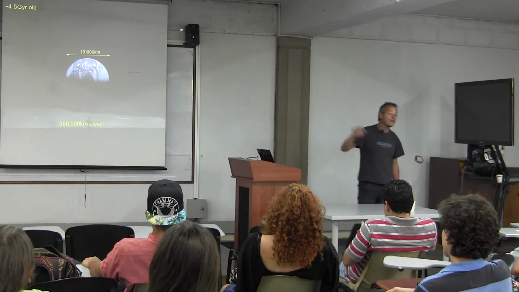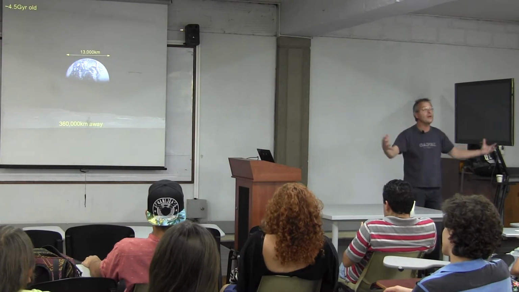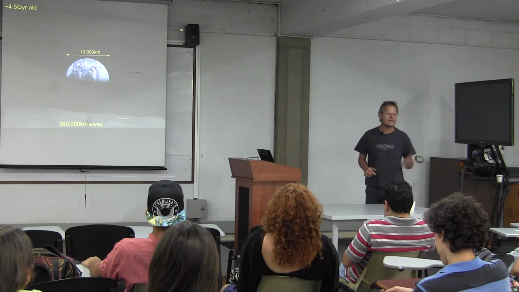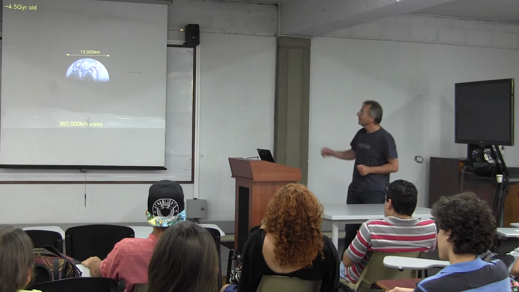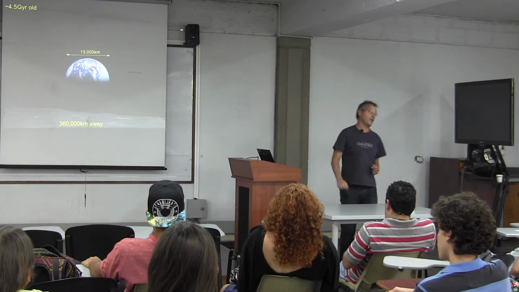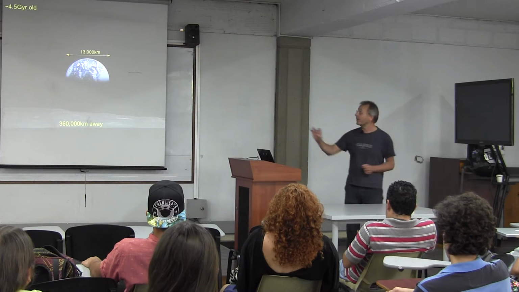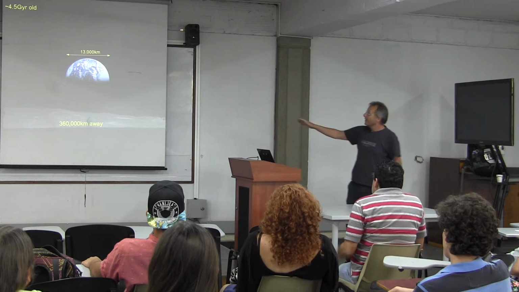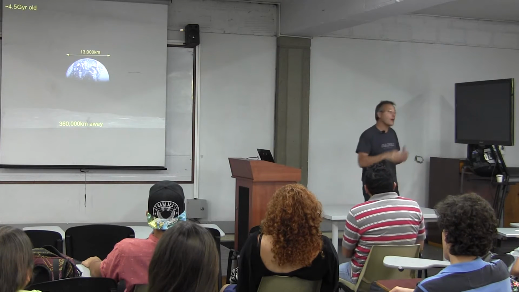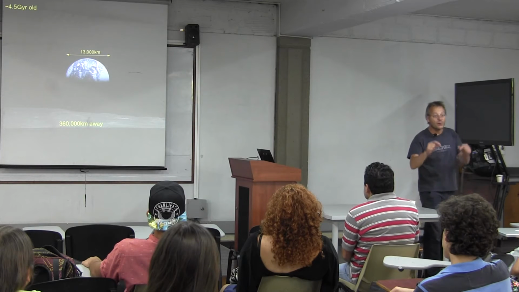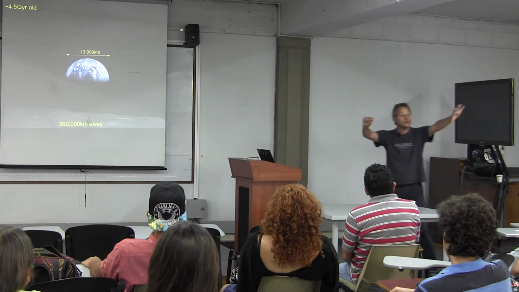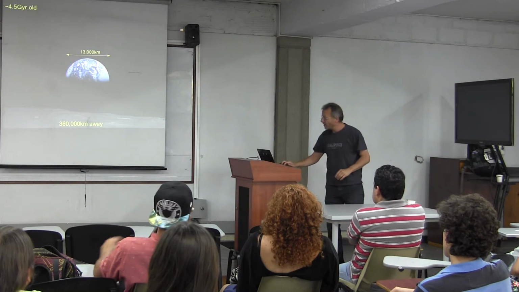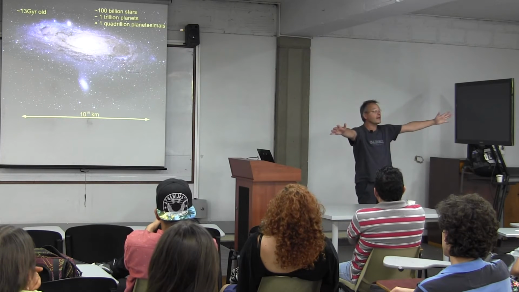Now, if you go back to astrophysics and the complications in simulating the entire galaxy in a supercomputer, you have to think about the size of Earth. The size of Earth is about 10,000 kilometers, right? Now, the Moon is about 400,000 kilometers away. So you have to resolve the size of Earth compared to the distance to the Moon, and you have to resolve that with the scale of the whole galaxy.